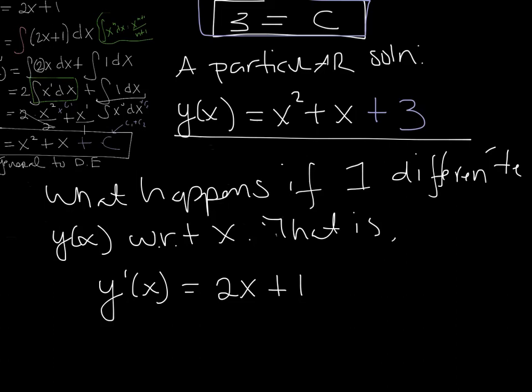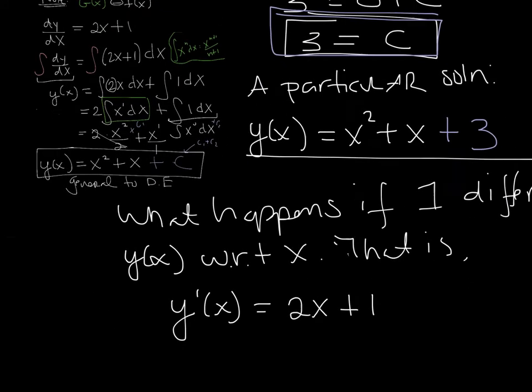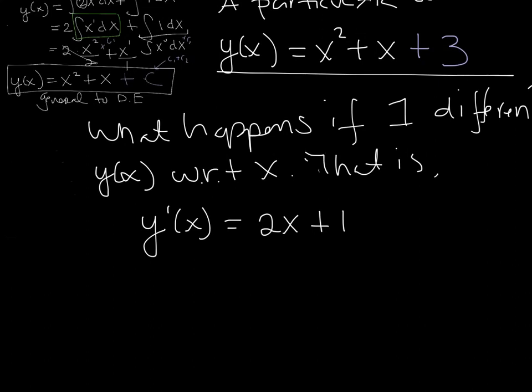And notice 2x plus 1 is what we started with. That's our dy/dx. So it's a nice way of verifying that your answer is in fact correct. So again, there's your dy/dx, a nice quick check.